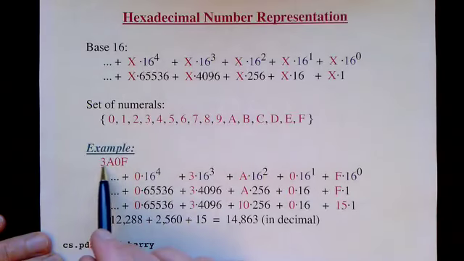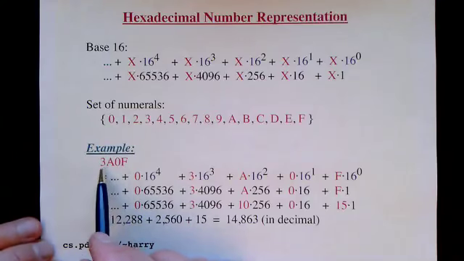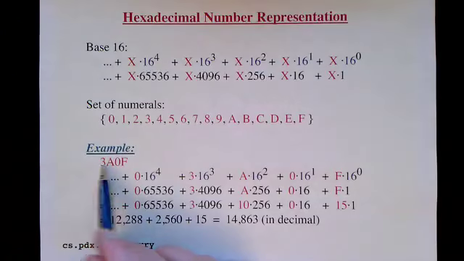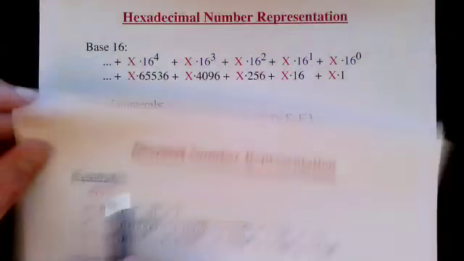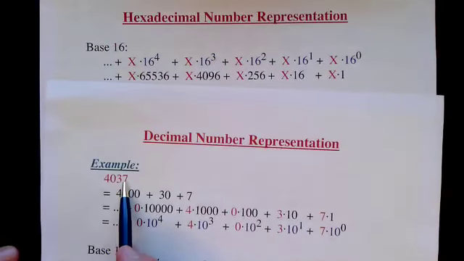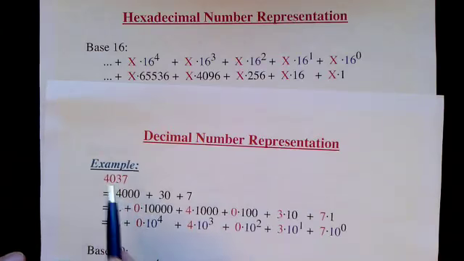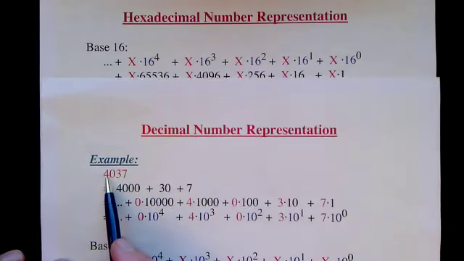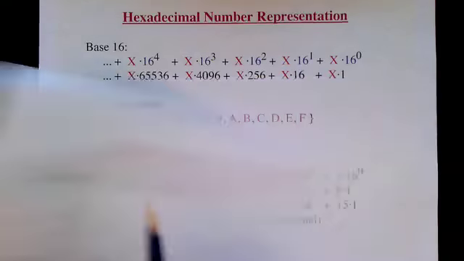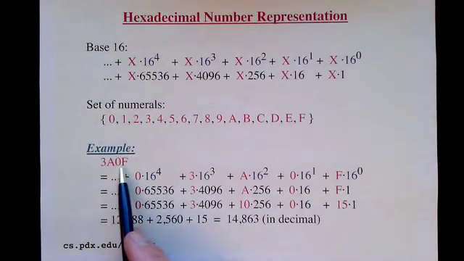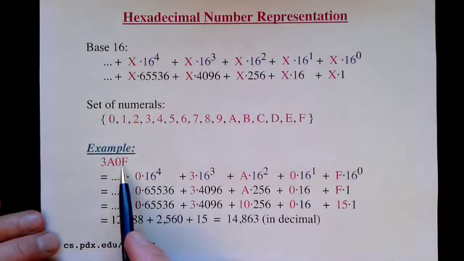We don't say 3000 A 100. No, we don't say it like that. We just read it off 3A0F. In the same way we might read this number as 4037. So we're going to read our numbers in hexadecimal just by saying the digits in order. 4037 is a decimal number, and 3A0F is a hexadecimal number.